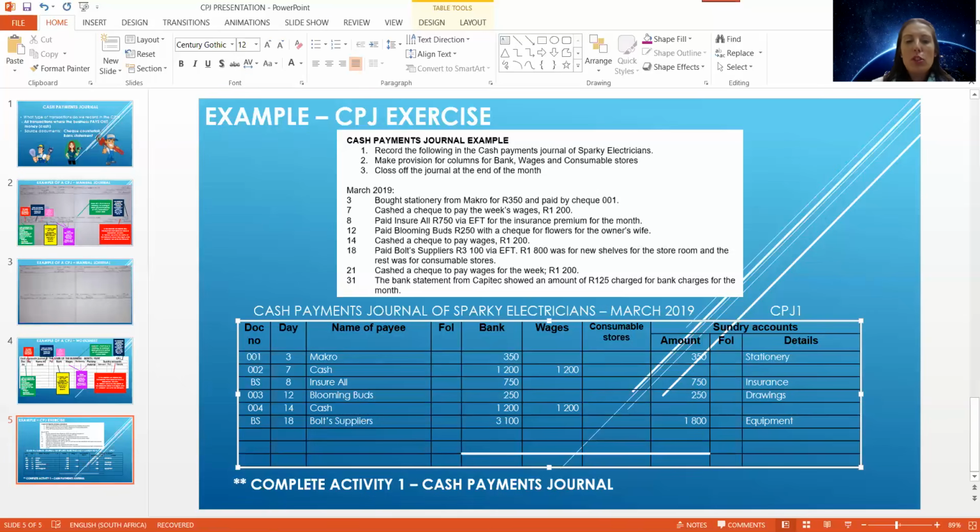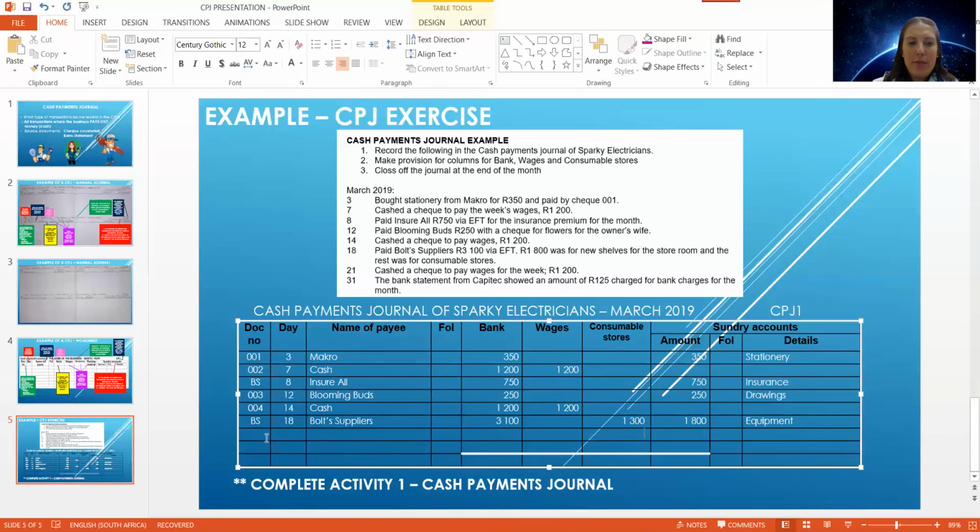In the consumable stores column, because it said the rest was for consumable stores. So can you see, grade 8, that the full amount is recorded in the bank column, because that's the amount that we paid to bolts suppliers as one amount. And then we go and split it to the respective columns, for whatever we bought or paid there. I hope that makes sense.